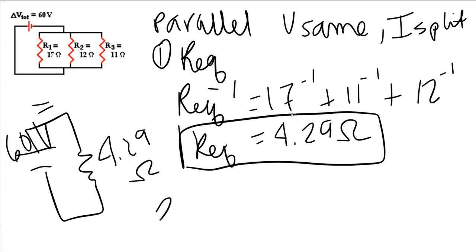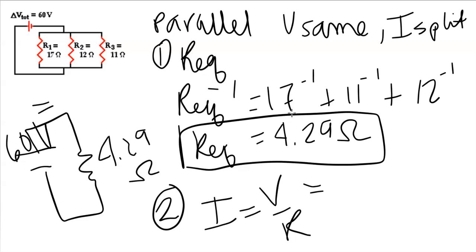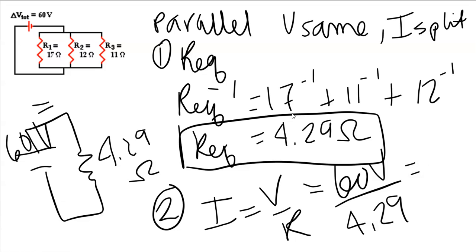My next step is to find the total current with this relationship, I equals V over R. V is my 60 volts and my R is 4.29. So 60 divided by 4.29.